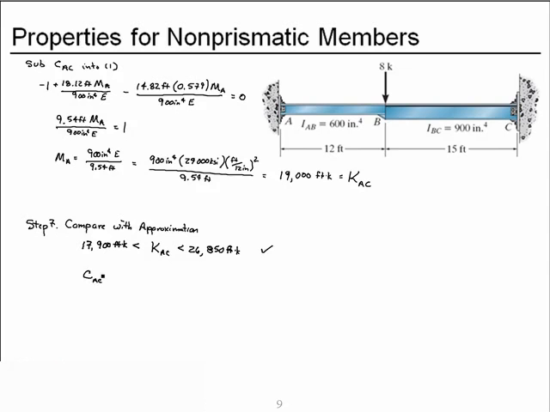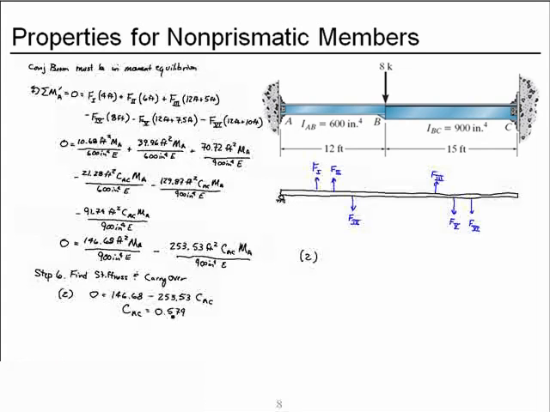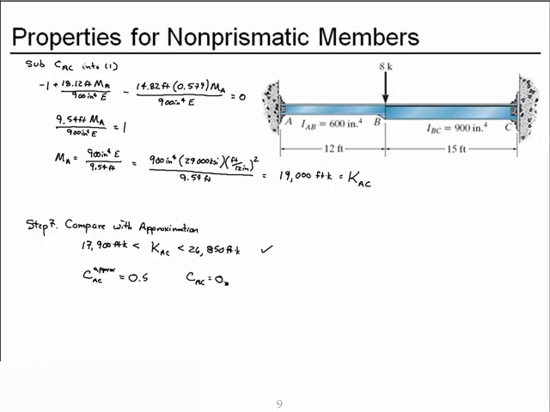For the carryover factor, if it had been a prismatic member, we said that the carryover factor would be 1/2. What we actually calculated was 0.579. So there is a difference, but it's not significantly different.